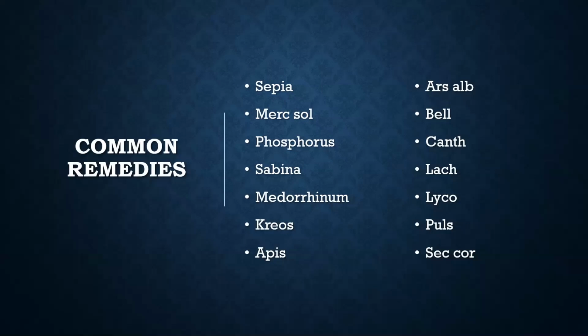Talking about Mercurius, it should be indicated in patients with PID with acrid, excoriating, and itchy discharges that cause a burning sensation in the vagina. The discharges may be again purulent, yellow, or green in color.